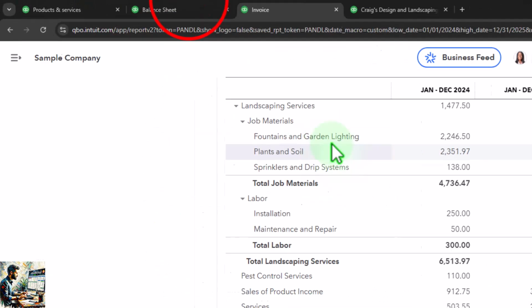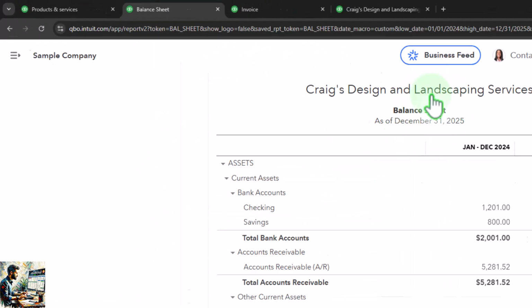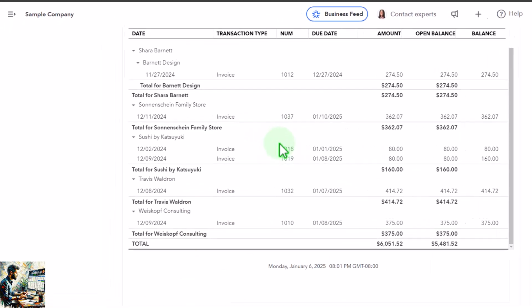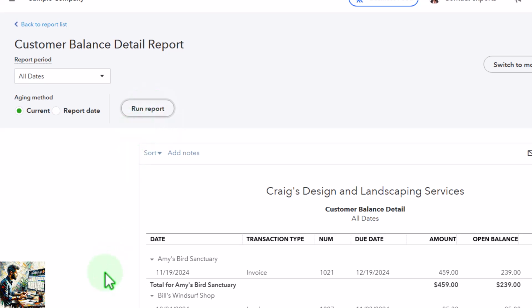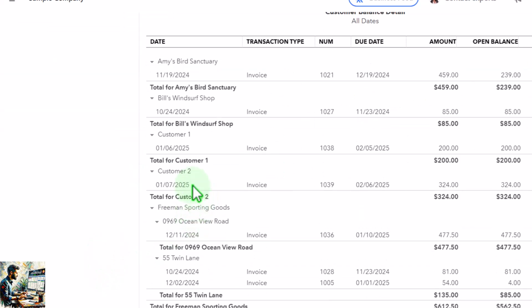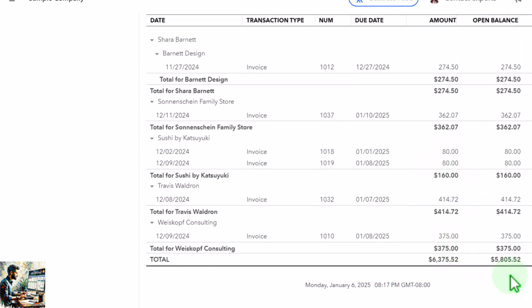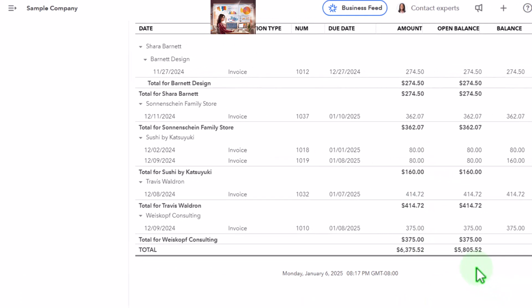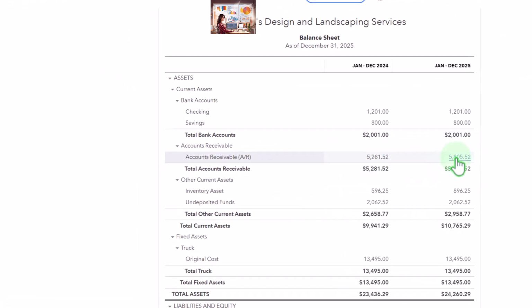All right, let's go back to the balance sheet. Also, we've got accounts receivable that's being tracked by who we sold it to, which would be on the subledger. So if I update the subledger here for the accounts receivable, we're going to have customer 2 is now in place. So if I track it by customer, we see 5,805.52 ties out to what's on the balance sheet, 5,805.52.